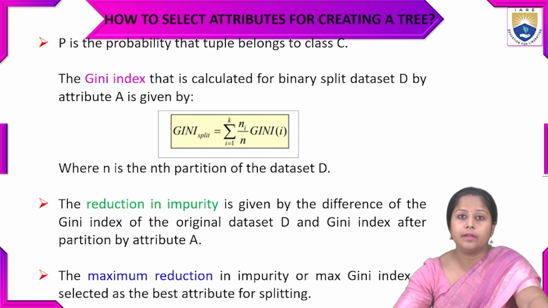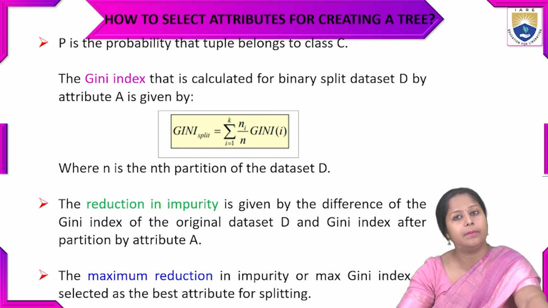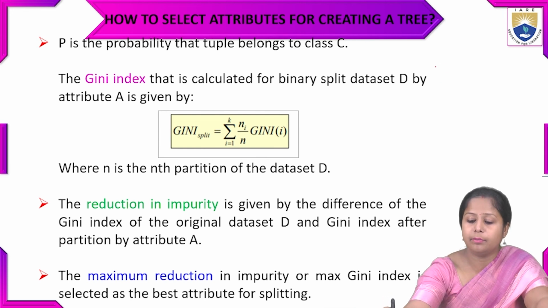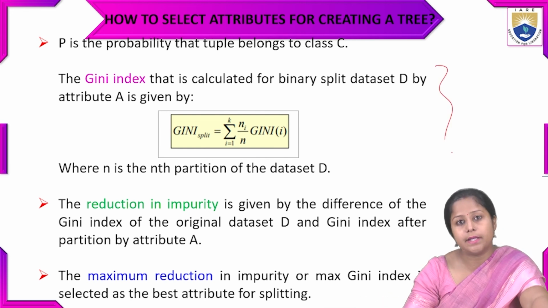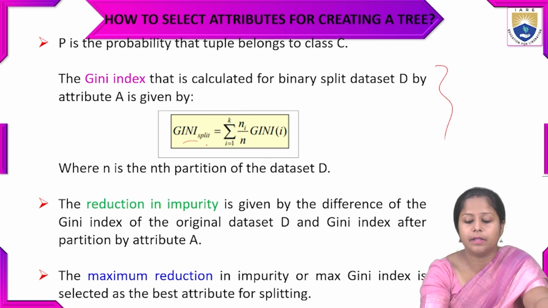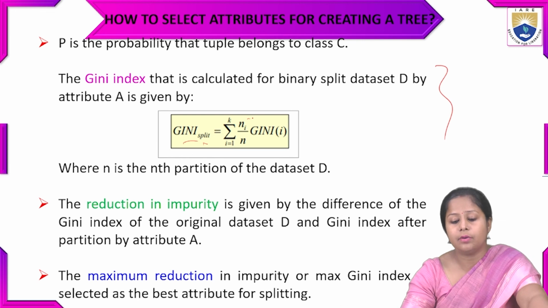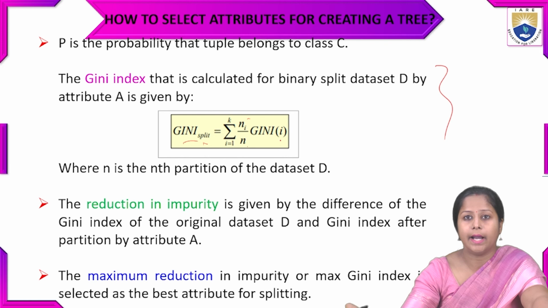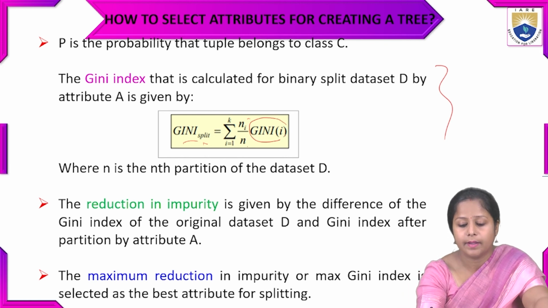Here p is the probability that a tuple belongs to the class C. The Gini Index calculated for the binary split of the dataset D by attribute A is given by Gini of split. Gini split is equal to the summation from i equals 1 of n_i divided by N into Gini(i).